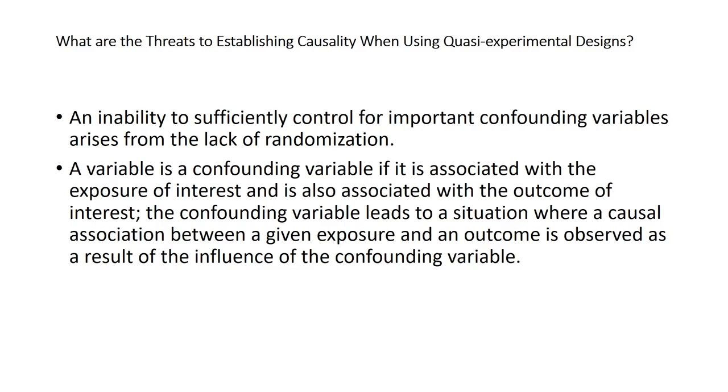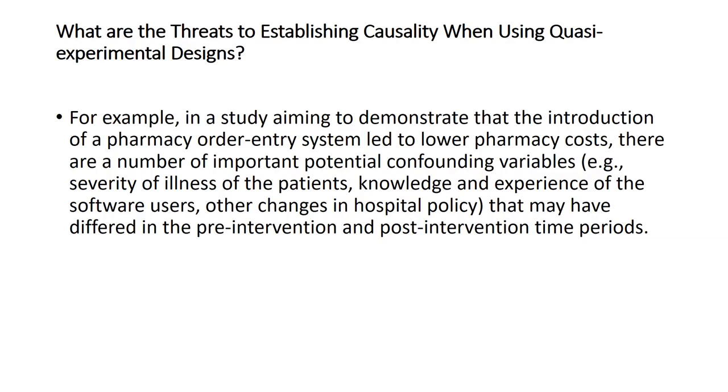A variable is a confounding variable if it's associated with the exposure of interest and is also associated with the outcome of interest. The confounding variable leads to a situation where a causal association between a given exposure and outcome is observed as a result of the influence of the confounding variable. So it's a false relationship. For example, in a study aiming to demonstrate that the introduction of a pharmacy order entry system led to lower pharmacy cost, there are a number of important potential confounders you can think of.